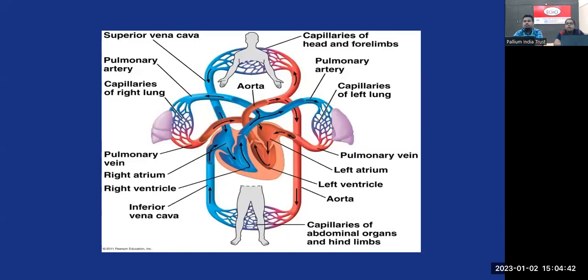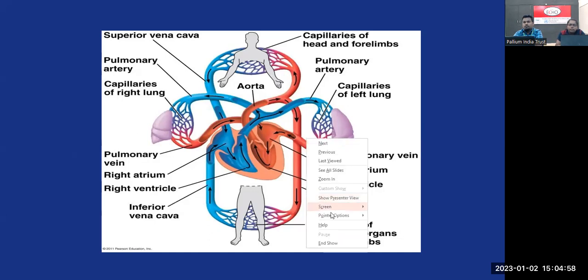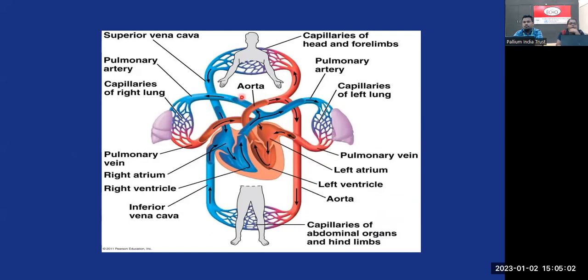So this is our systemic circulation. You all know what systemic circulation is. In the picture, the deoxygenated blood from the upper part of the body goes to the superior vena cava.